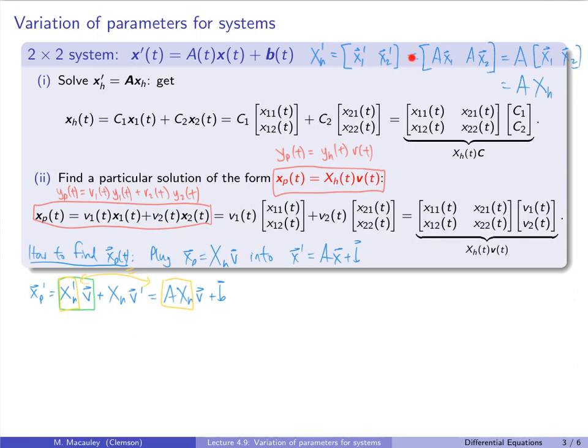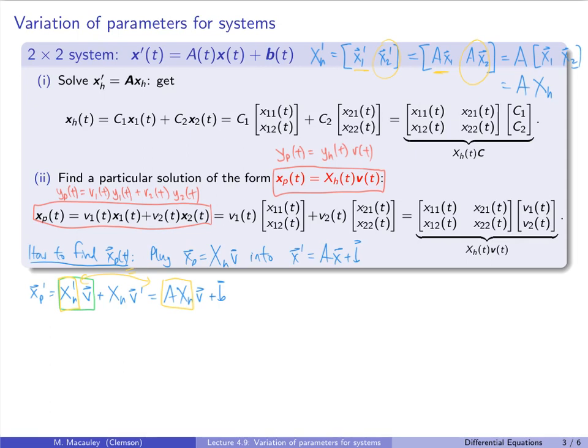And this equality is because x1 and x2 solve the homogeneous equations. So in other words, x1 prime equals A x1 and x2 prime equals A x2. A different way to write this matrix is A times xh, and so that's why these two things are equal. Of course, if these two things are equal, then if we multiply them by v, they're equal as well.